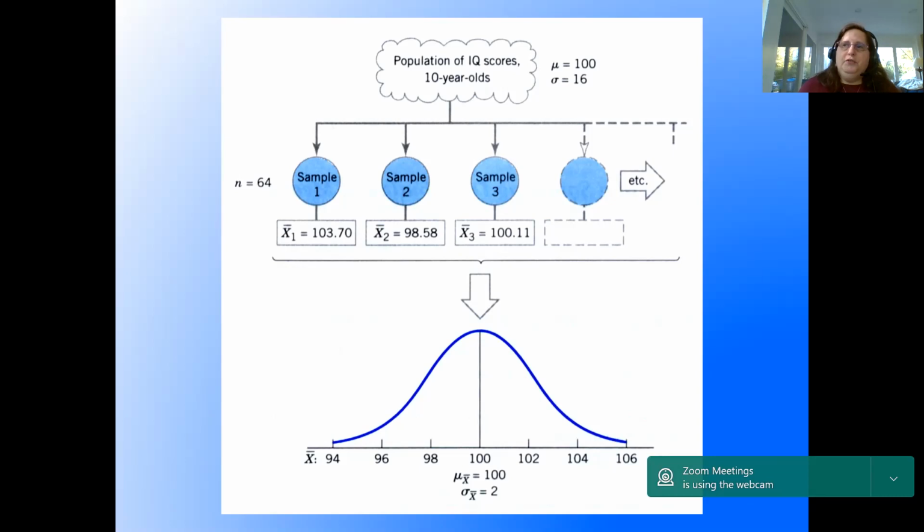You take those 64 slips of paper with different IQ scores for different 10-year-olds, and you take the average. The average is 103.70. Now you take that number, and that number only, and you plot it onto your probability distribution.